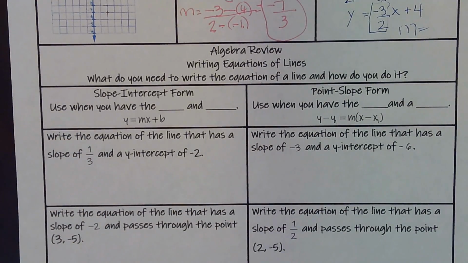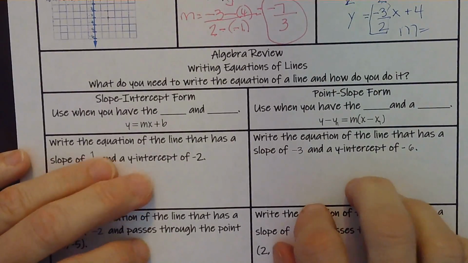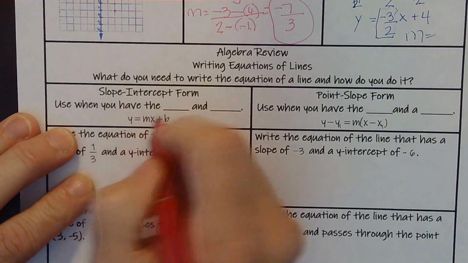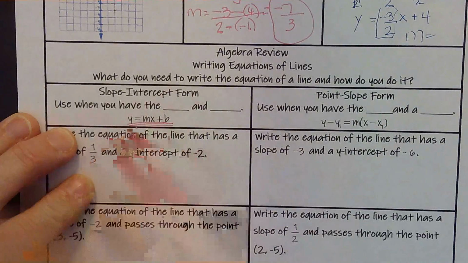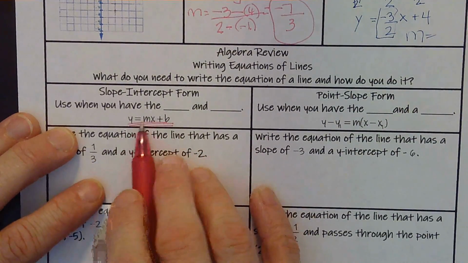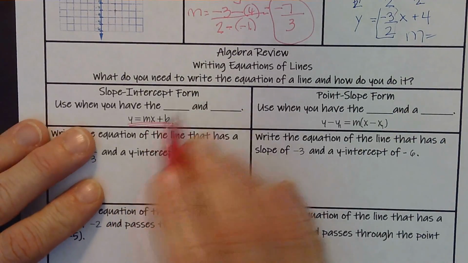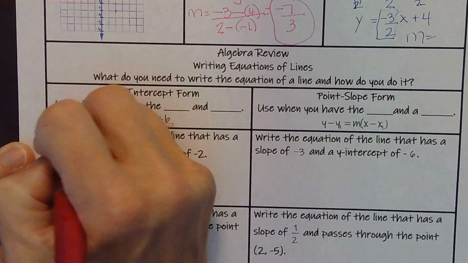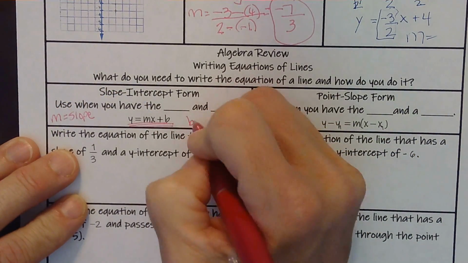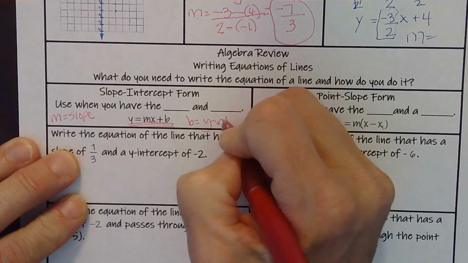How do you write, or what do you need to write the equation for a line? Well, one of the things that I think you're probably the most familiar with is this form of the equation. That is slope-intercept form. Y equals mx plus b, where m equals the slope and b represents the y-intercept.